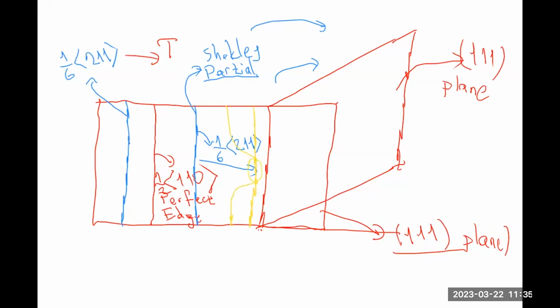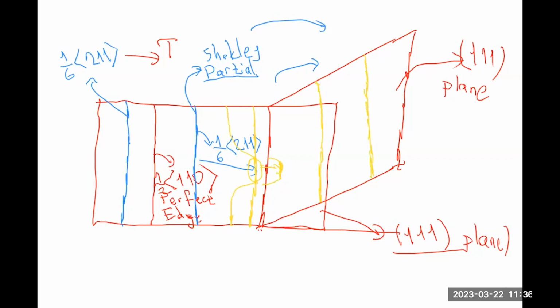This part will go to the other plane, like this. So this is a perfect dislocation, and of course it will dissipate again into Shockley partials. Don't forget, a Shockley partial itself cannot jump to the other plane.